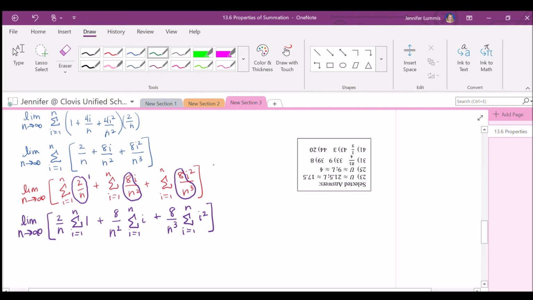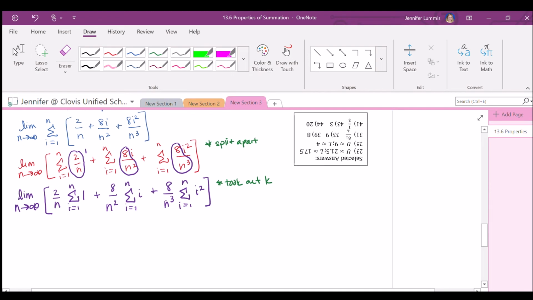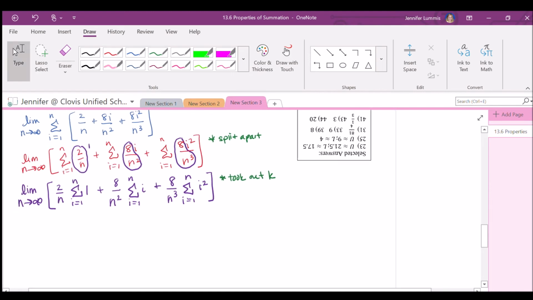So this one was splitting apart. And then next, we took out the constants. And really, you could do both properties in one step if you feel comfortable doing that. So the next thing we're going to do is take each summation formula and replace it.